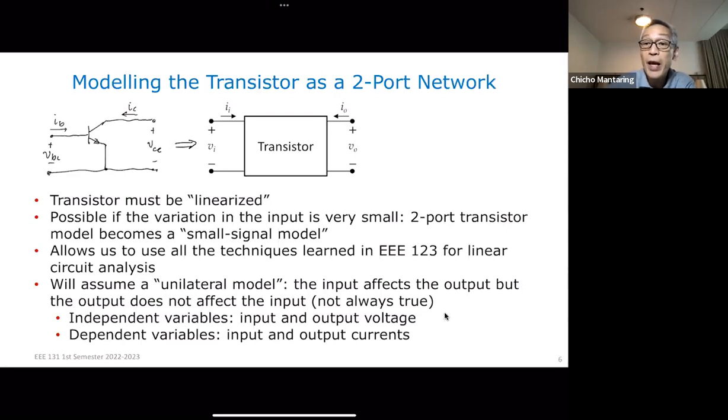The only way you would be able to solve the problem is using iteration, because there's no way you can come up with a closed form for the solution of the voltages and currents in that particular circuit. That is, if you're using the exponential model. Hindi nyo magagawa. No? The only way you can do that is through iteration.